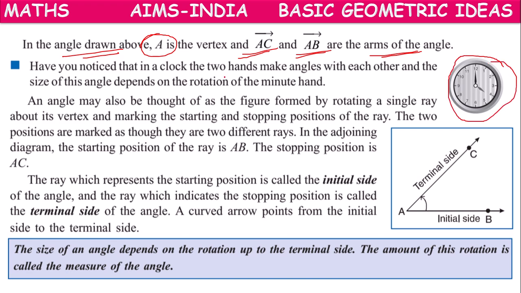In your wall clock also, if you observe, there are hands: minutes hand, seconds hand, hours hand. Some of them only have two hands, minutes hand and hours hand. These two hands of the wall clock also make angles with each other, and this angle changes continuously: 12:05, 12:10, 12:15, 12:20, 12:25, 12:30, 12:35, 12:40, like that, by the rotation of the minute hand.